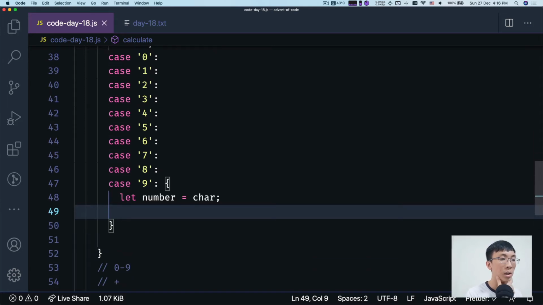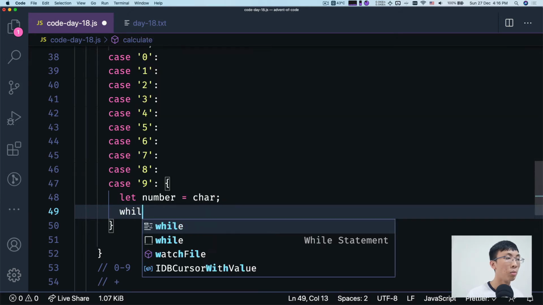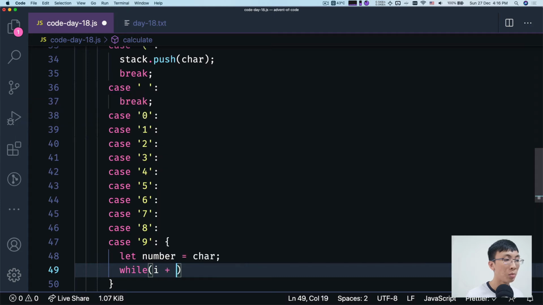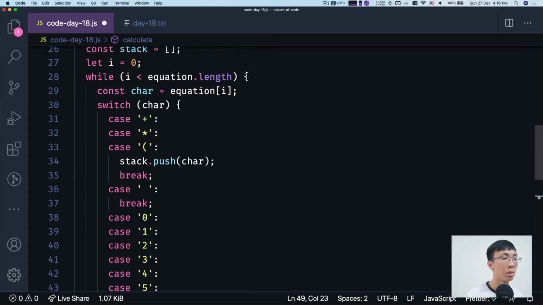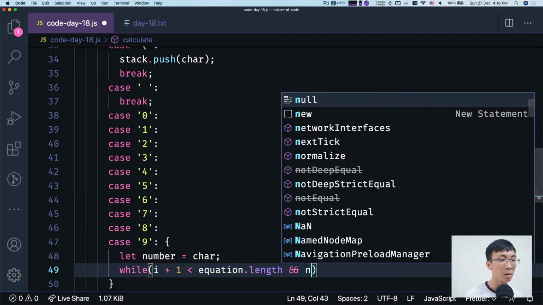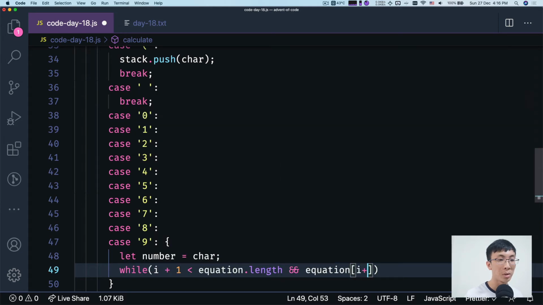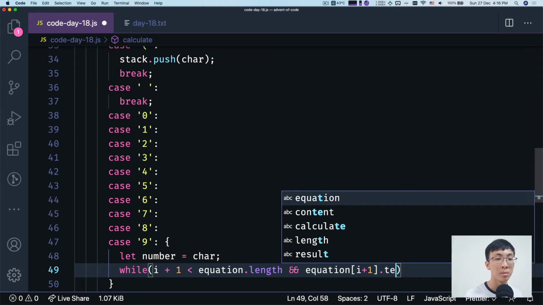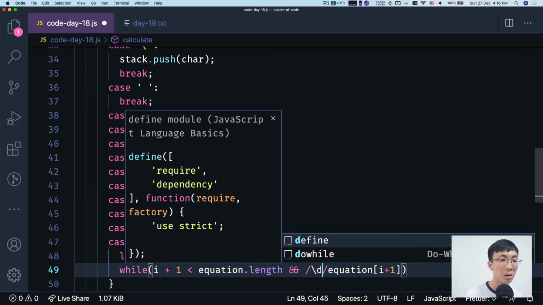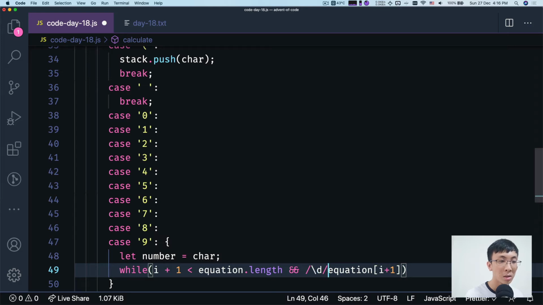And then I will say while I plus 1 is less than equation.length, and equation I plus 1, I'll test whether they are numbers.